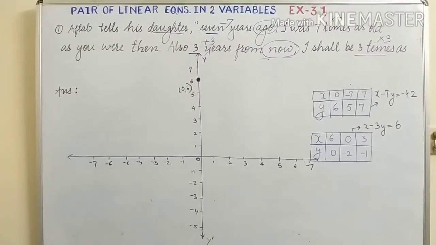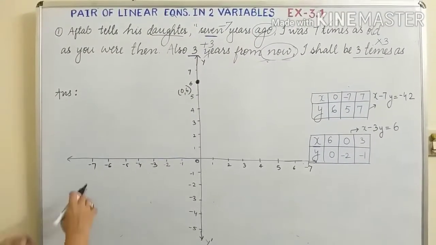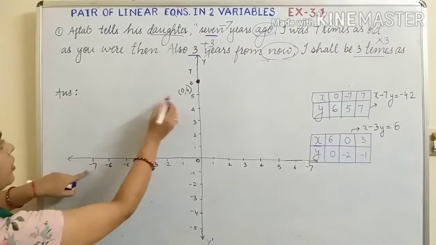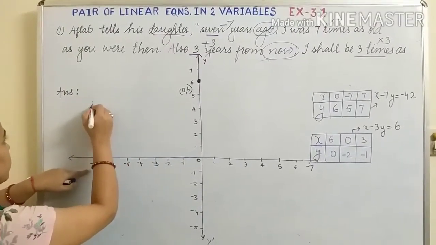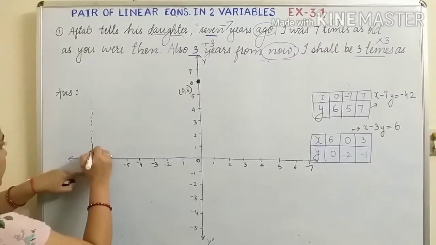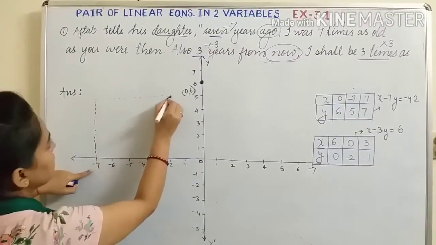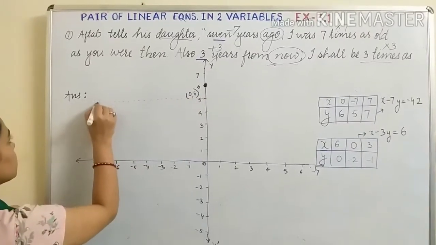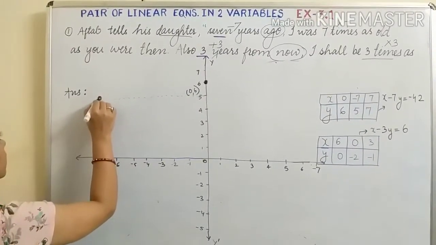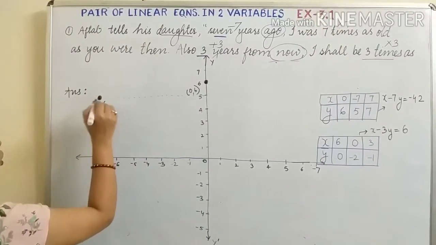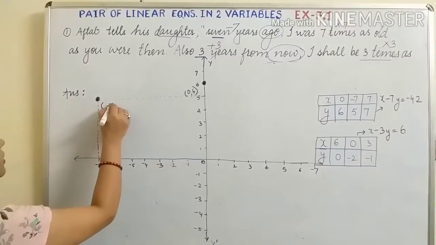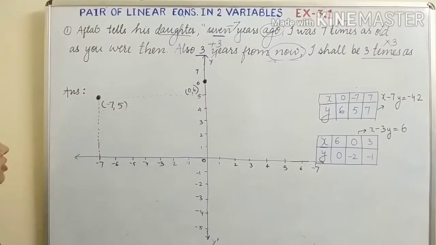Next is minus 7, 5. x is minus 7 and y is 5. So we will make a perpendicular line, which makes the plot very easy. So this is the point for minus 7, 5.